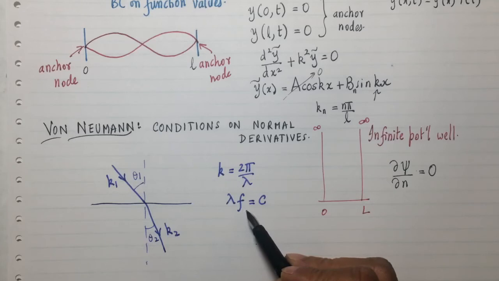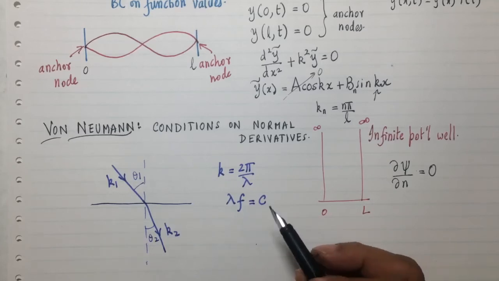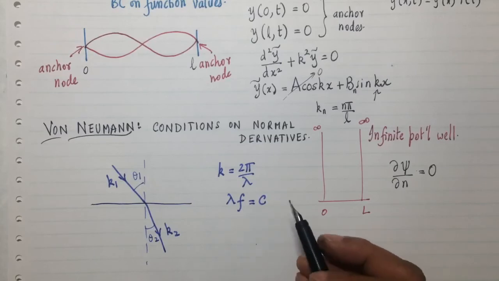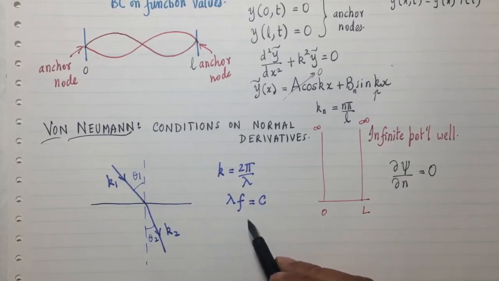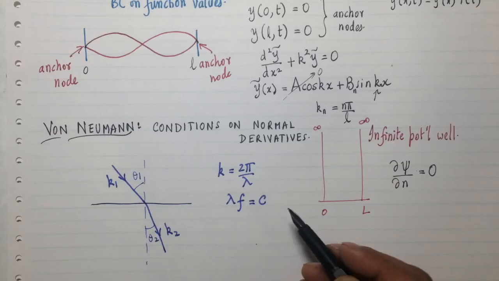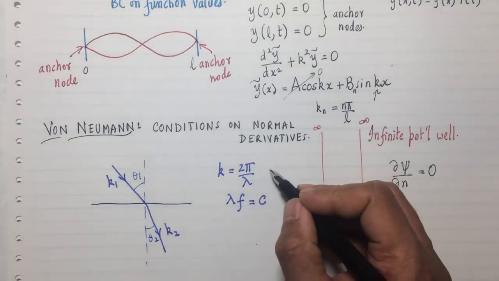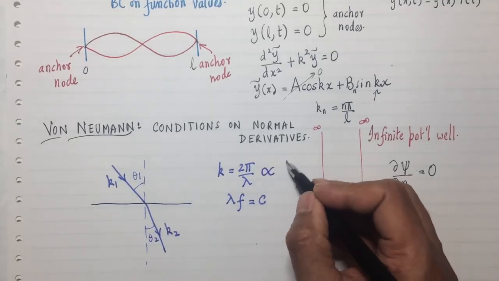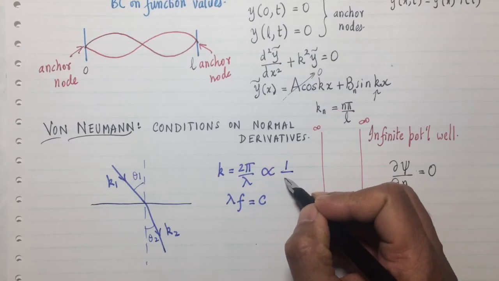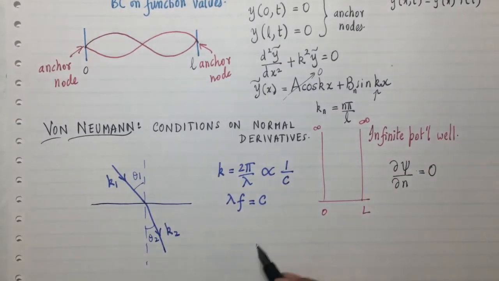The reason for this is that the frequency is proportional to energy by Planck's constant, and the energy of the wave does not change. So this tells me that the k value is proportional to 1 over the velocity. Let me call the velocity c, even though c is a sacred thing, the speed of light.